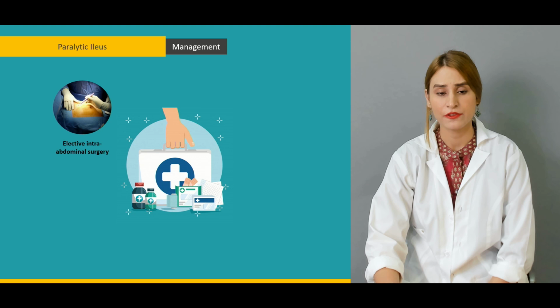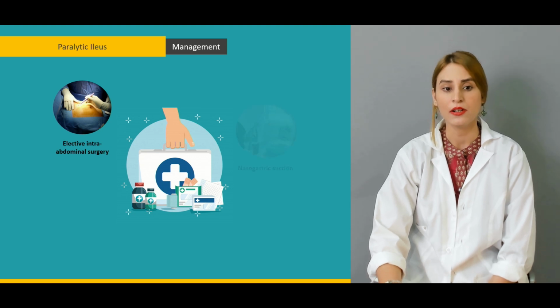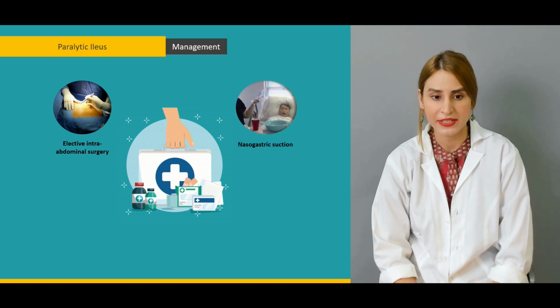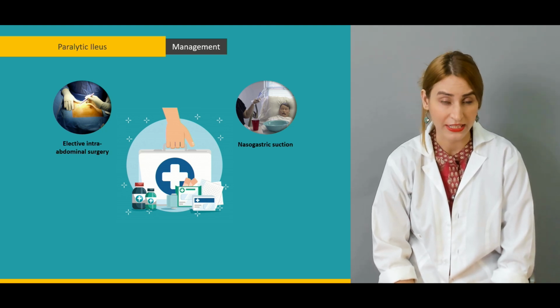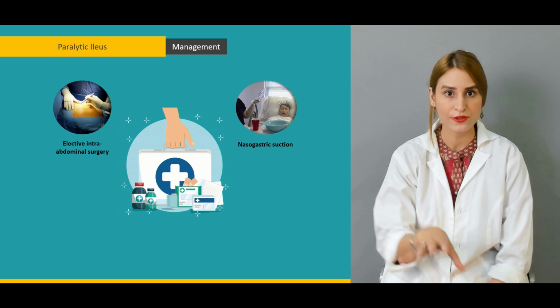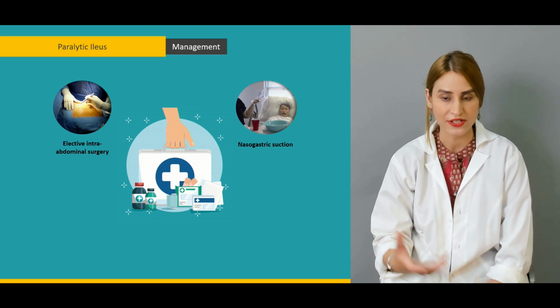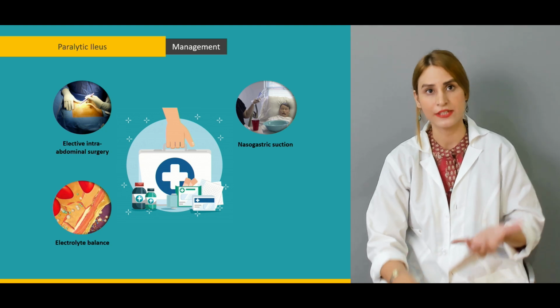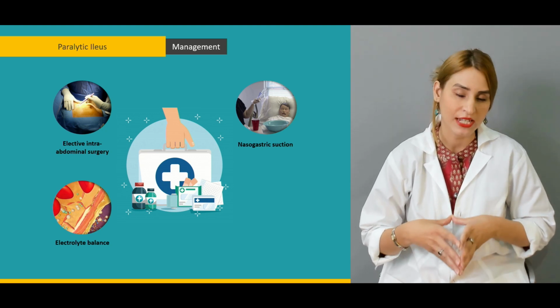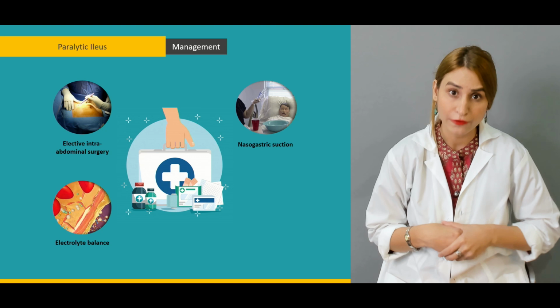For the management of the paralytic ileus, most of the time it is managed conservatively. You just put in the nasogastric tube and do the nasogastric suction or decompression, and you have to correct the electrolyte imbalance and give good fluid therapy.